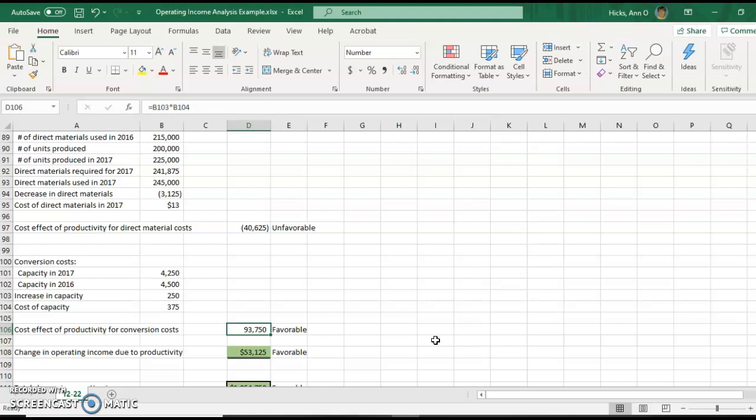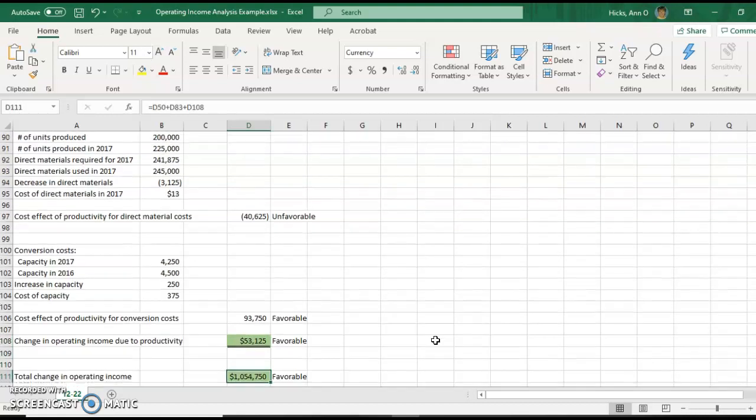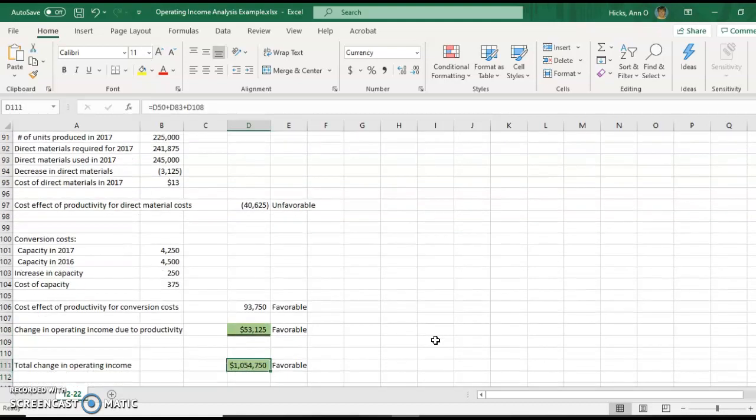So what do we have related to productivity? We have an unfavorable component for direct materials and favorable for administrative or conversion costs for a total of $53,125.